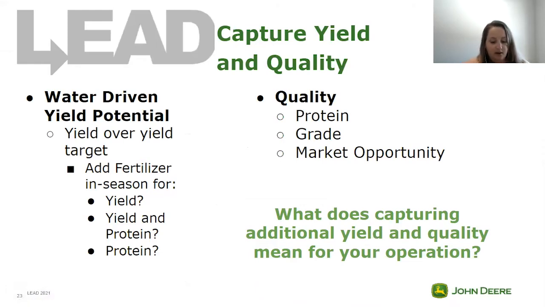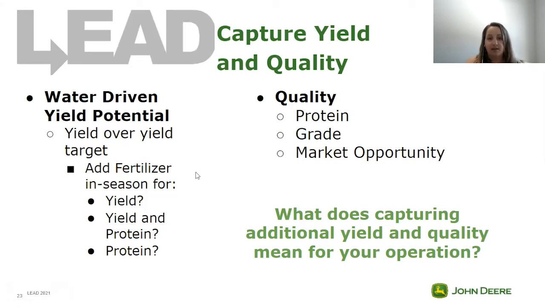Another management and agronomy decision that can be made from all this information is to capture yield and quality. Like we showed in the last slide, there is the opportunity to capture some additional yield based on the information from the station and the calculation of the water-driven yield potential provided by Crop Intel.